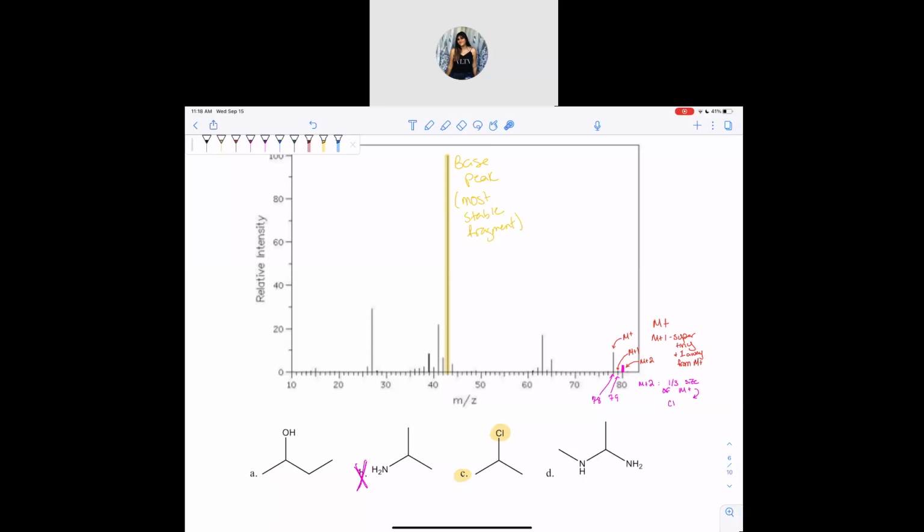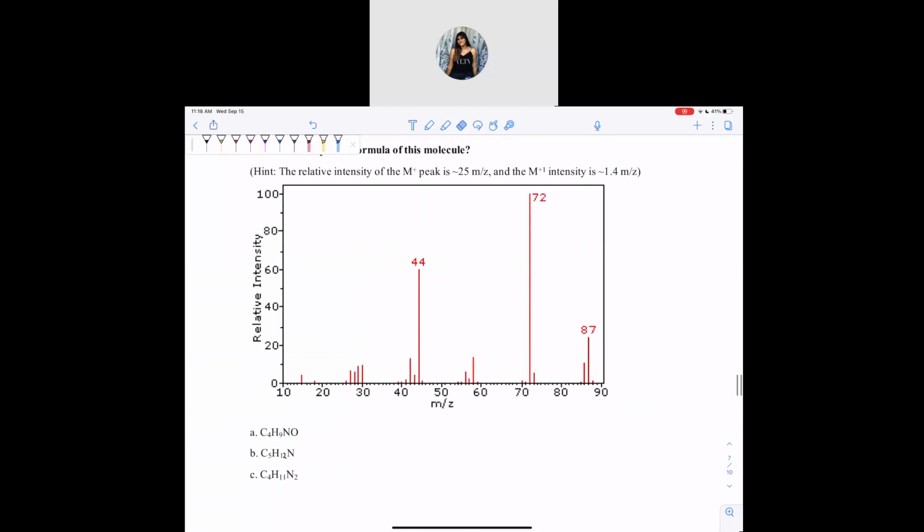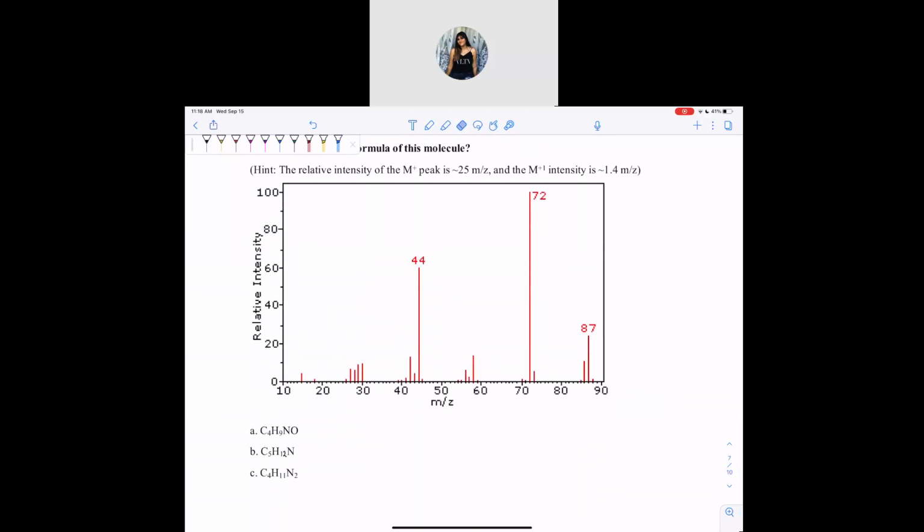Let's do one more mass spec question. So in this mass spectrum, again, I'm just going to highlight the tallest peak, and I'm going to label it the base peak. And again, all they're asking for is for you to find the molecule that this comes from.